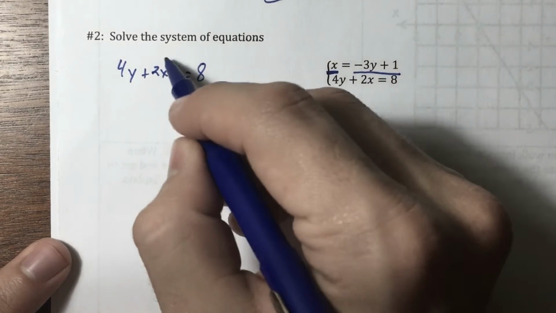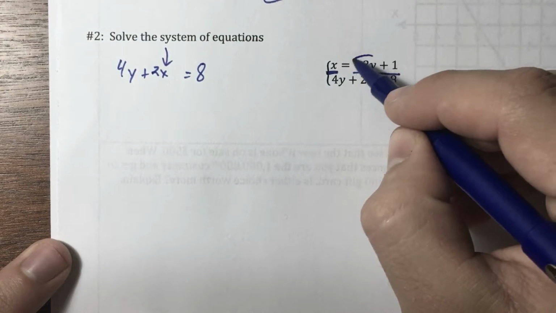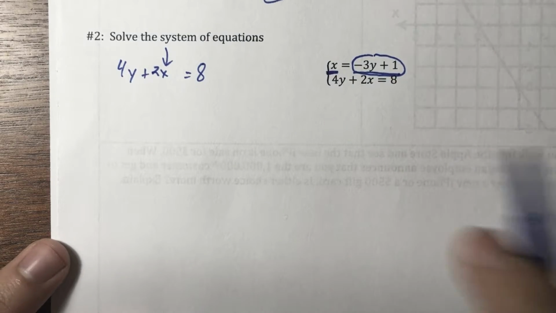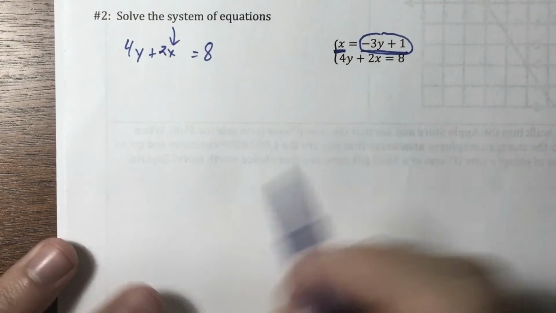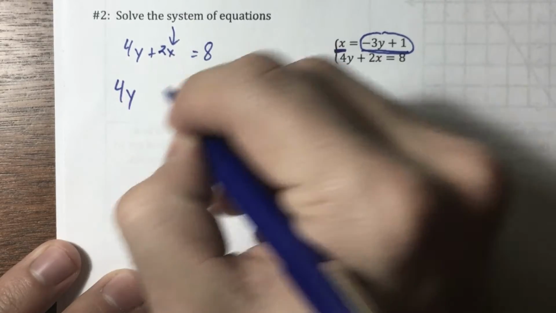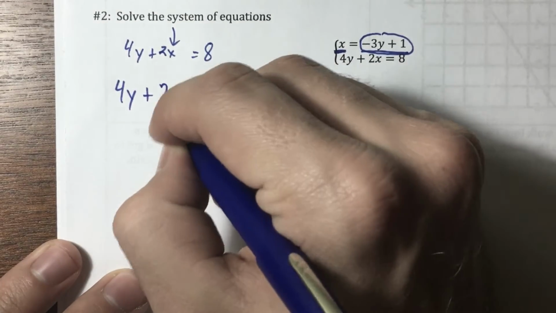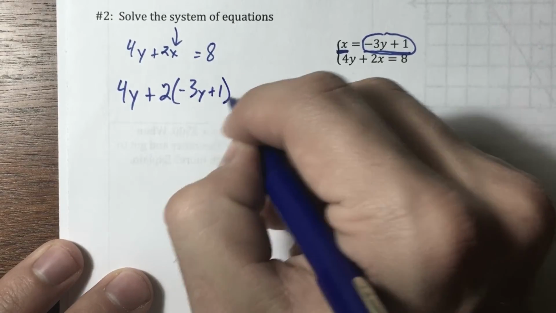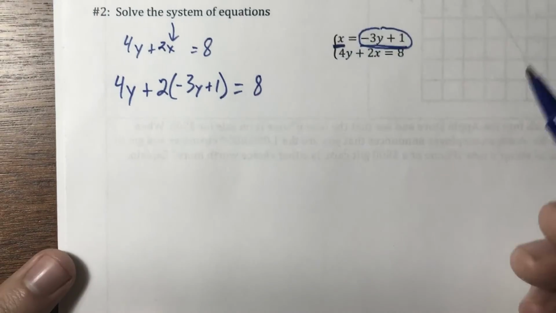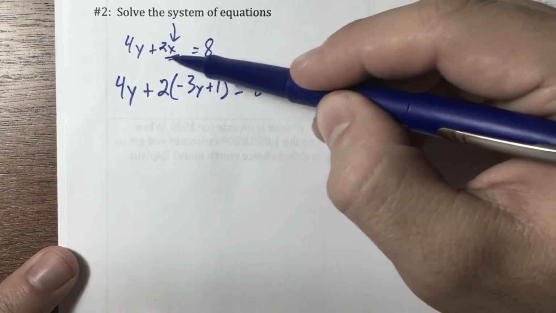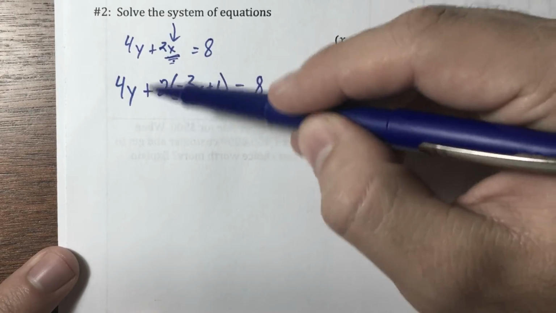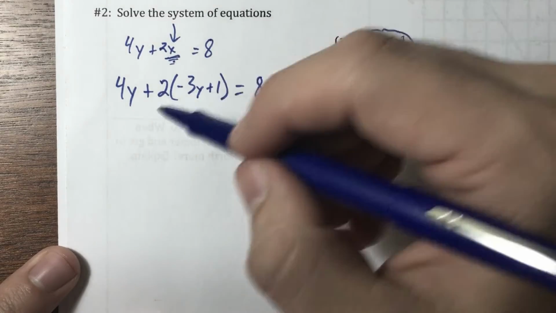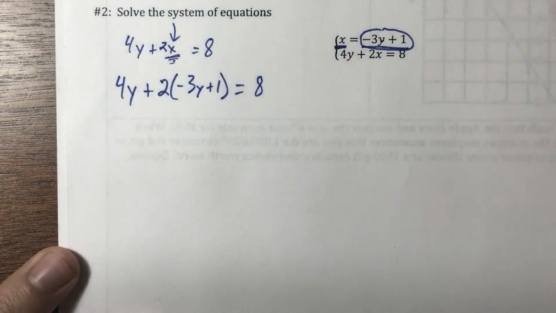And this time, I'm going to replace this x with this value, this negative 3y plus 1. So I can rewrite this equation as 4y plus 2 times (negative 3y plus 1) equals 8. Now notice that we only replace the x here. We don't replace the 2. This is equal to x, not equal to 2x, so we still need to keep this 2 right here.